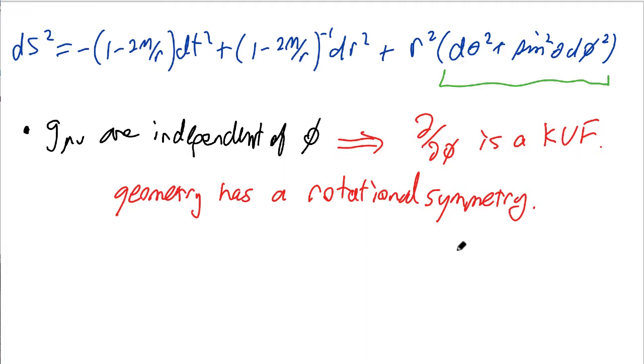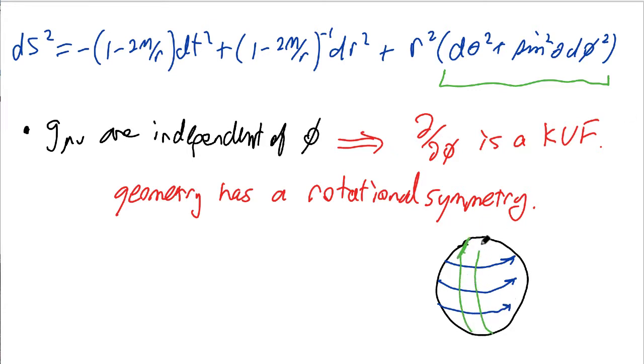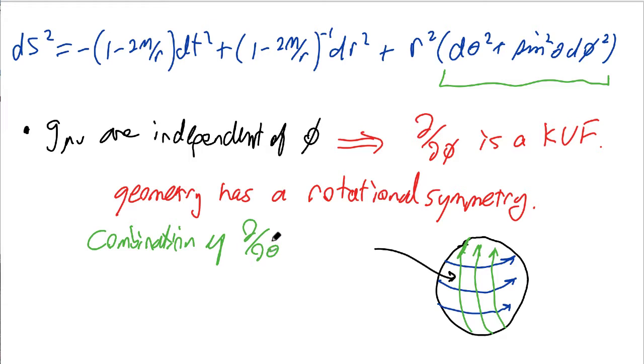So here's the sphere. Here are the coordinate lines d by d phi, but the sphere is also symmetric under rotations about any axis. So these are the integral curves of some Killing vector field, and that Killing vector field can be written as some combination of d by d theta and d by d phi.